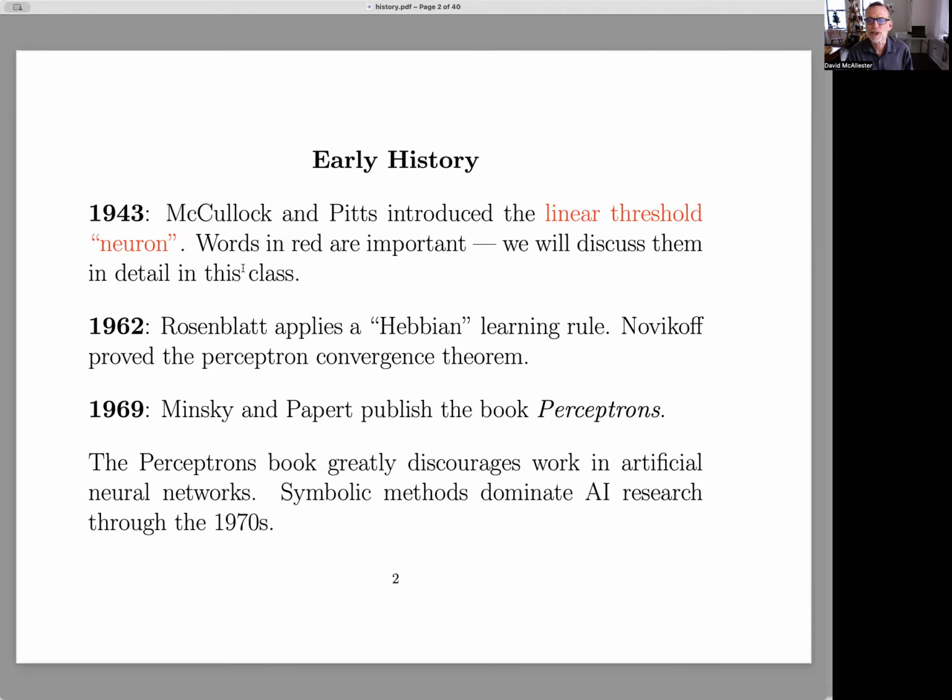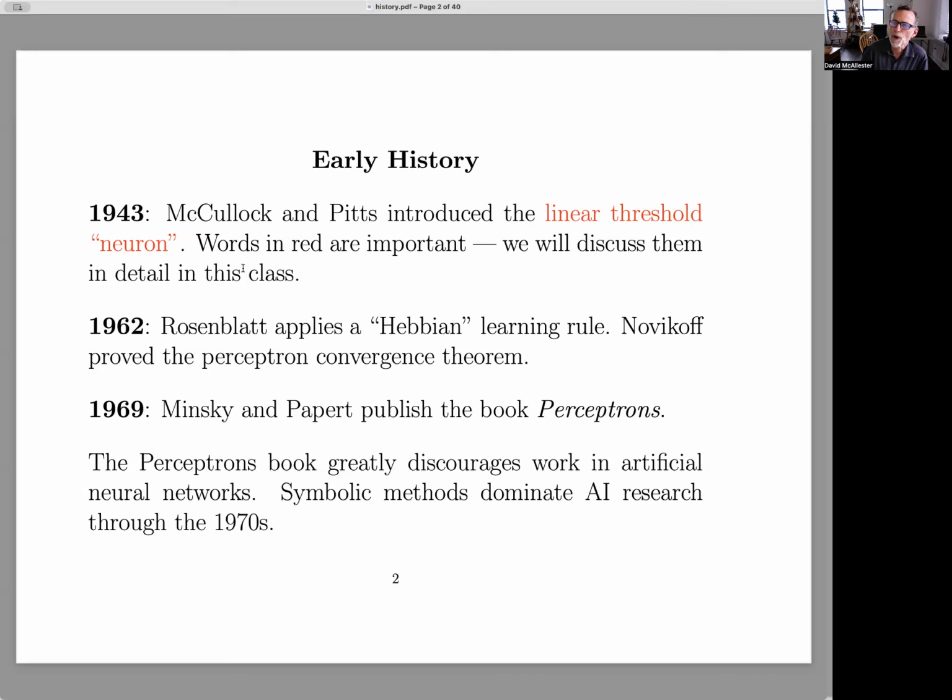In 1962, there was a very well-known approach to machine learning called Hebbian learning. And Rosenblatt introduced this. It made a big splash in 1962. We're not going to talk about that in this class. In 1969, Minsky and Papert wrote a book called Perceptrons. And this book had a bunch of mathematical theorems that certain things could not be expressed by linear threshold units.